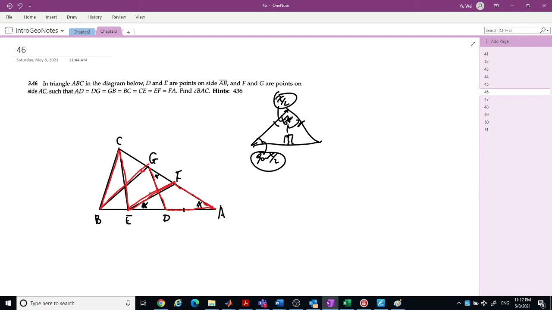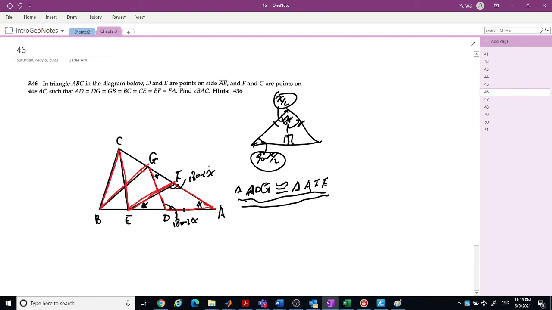Then let's talk about the second one. You can see this triangle ADG is really congruent to triangle AFE, because they are isosceles triangles with common sides and the base, so their vertex angles are equal, 180 minus 2x and 180 minus 2x.